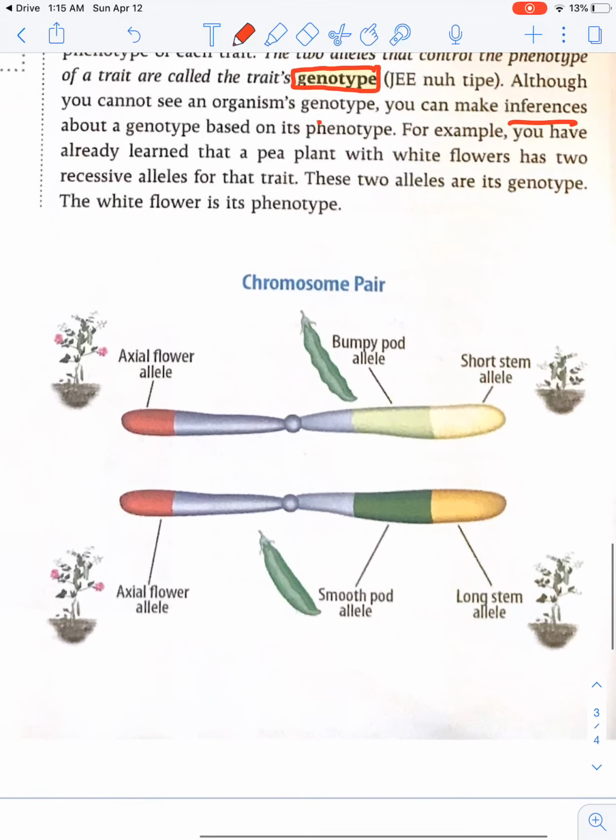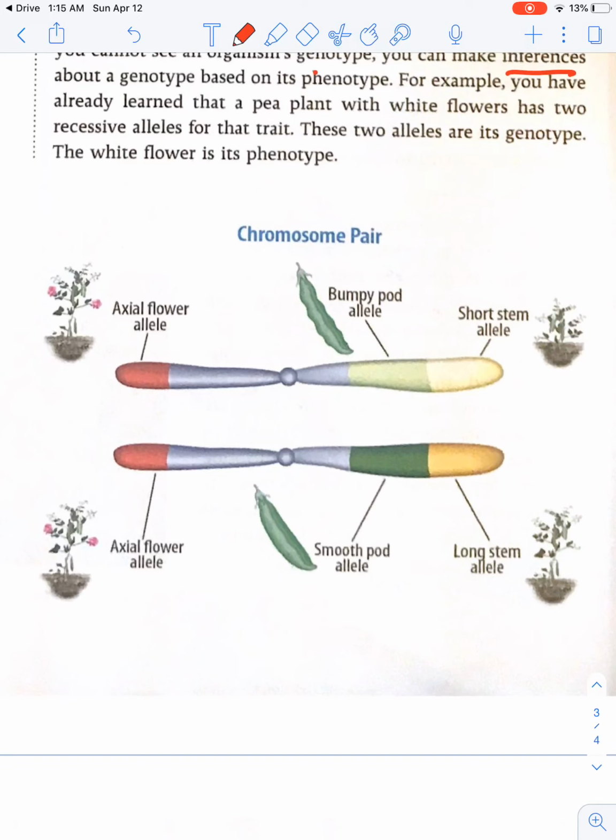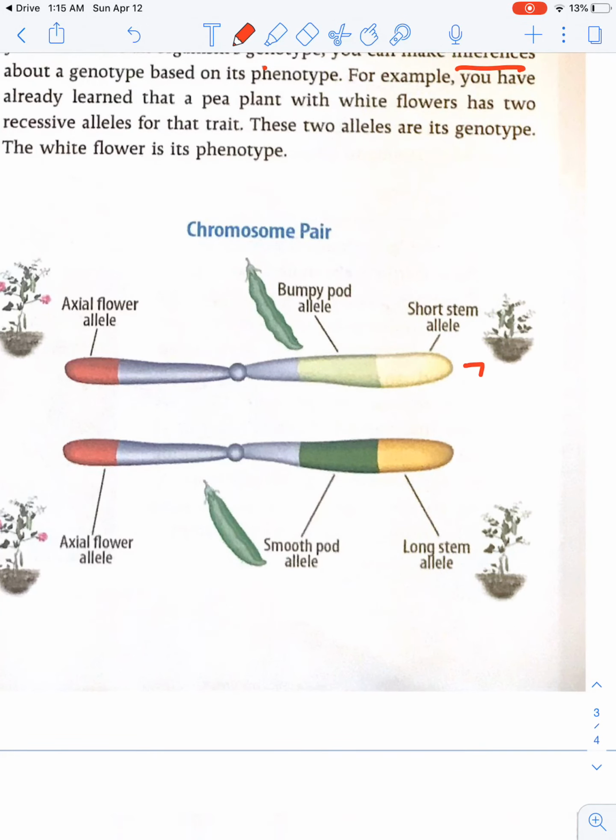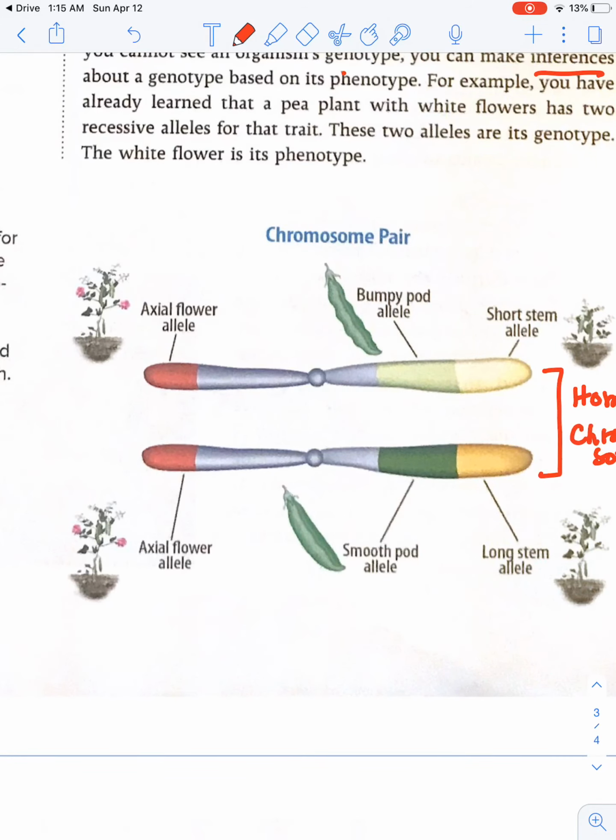All right, take a look for a moment at these two chromosomes. These two chromosomes are alike, and if you recall, we call these homologous chromosomes. That just means that they're coding for the same gene at the same location. There's a locus here and here that's coding for the same gene.